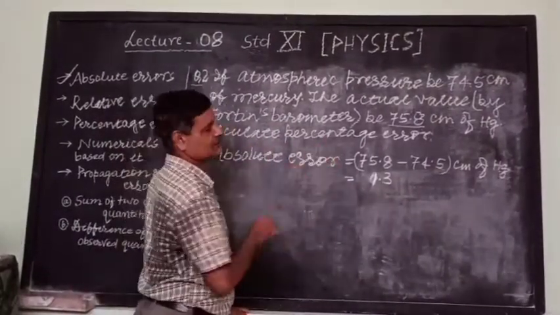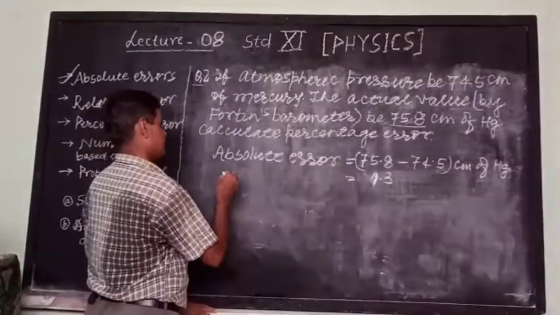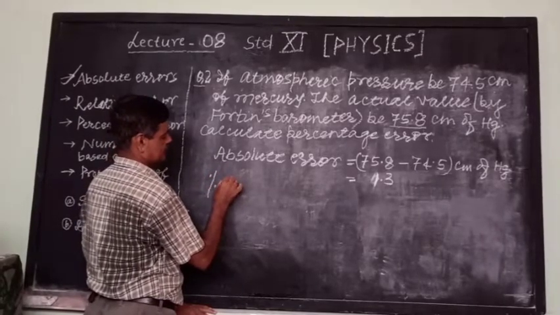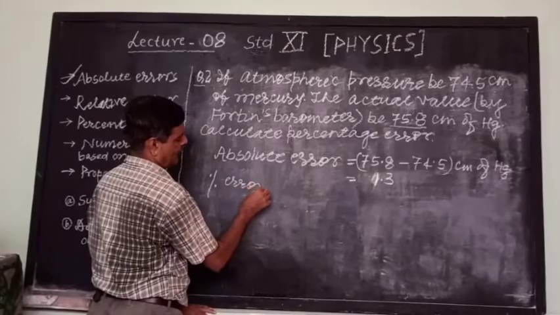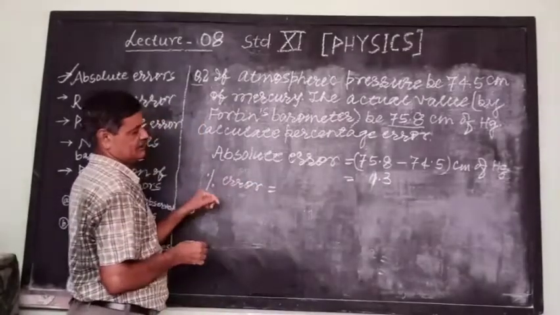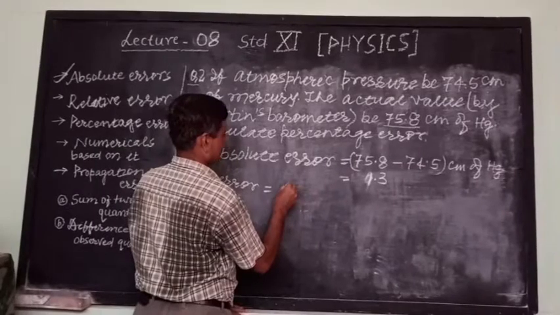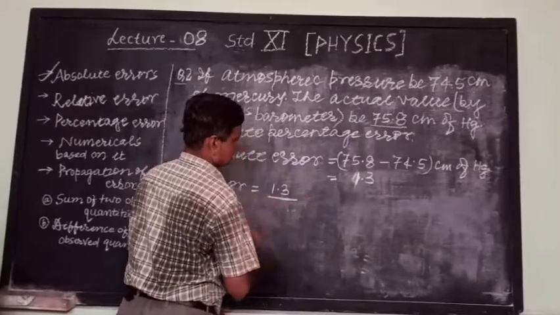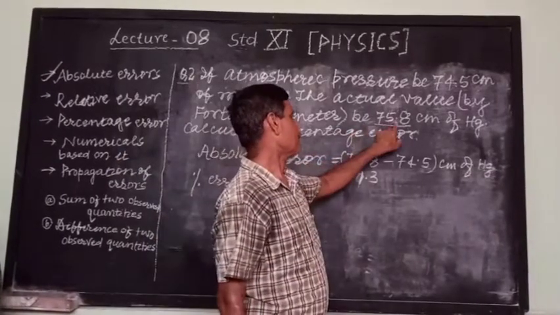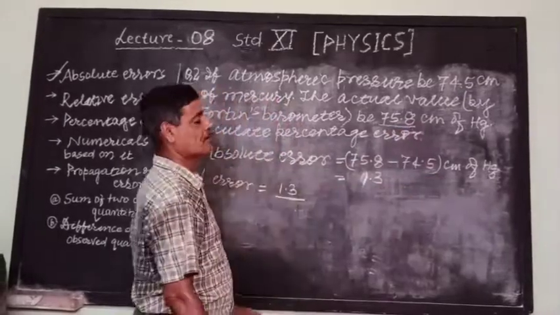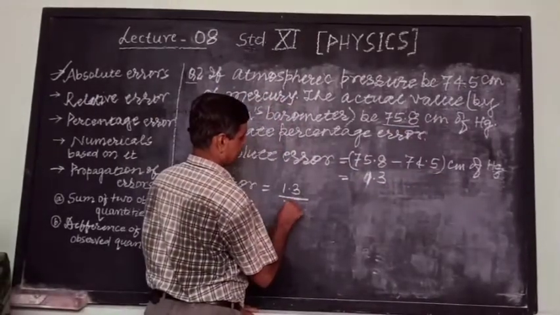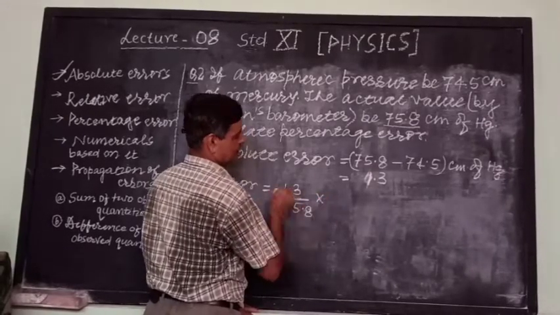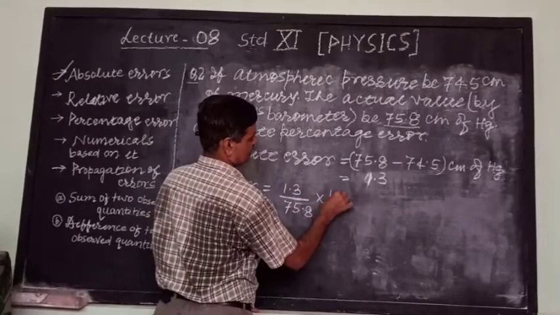Actually, we have to calculate the percentage error. Very easy. Percentage error, we can write in short form. Absolute error is 1.3 and the actual pressure was 75.8, multiplied by 100.